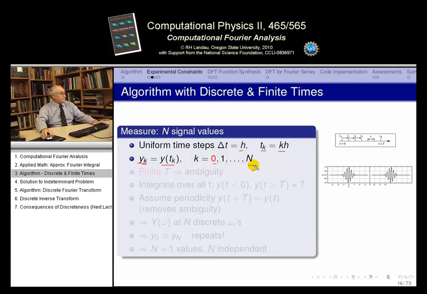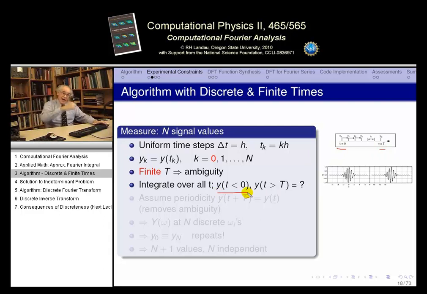Okay. The first problem here is because we have finite values of t, the period, we have an ambiguity. We have to resolve that ambiguity. We don't have enough information. So we have to make another assumption. Okay. Furthermore, we have an issue that we've only measured the signal starting at time 0 here and going out to some time capital T. The mathematics wants us to know the signal all the way out to minus infinity, negative times, and then all the way out to plus infinity, beyond where we've done the measurements.